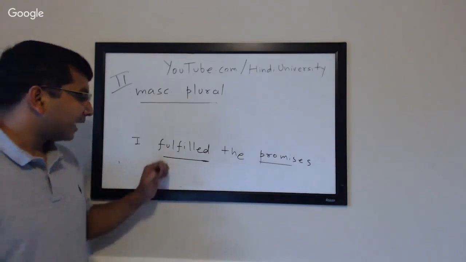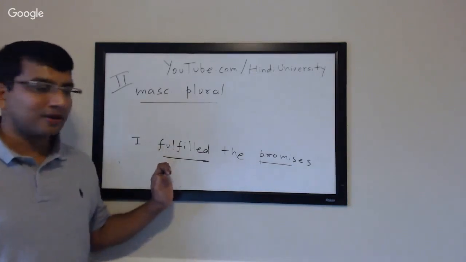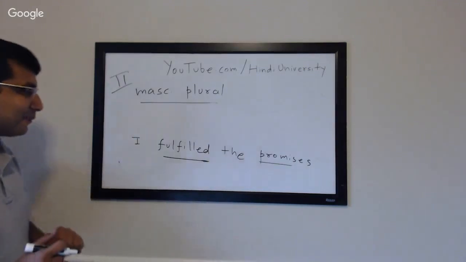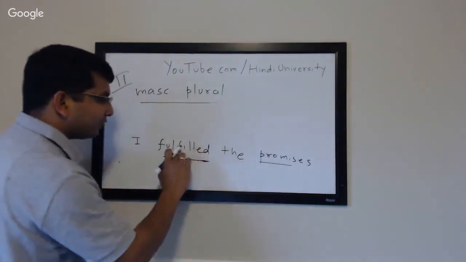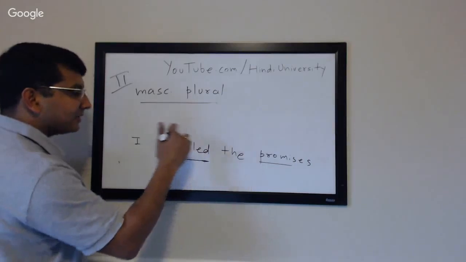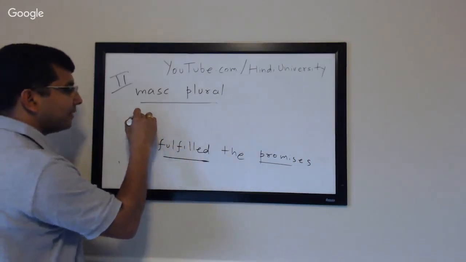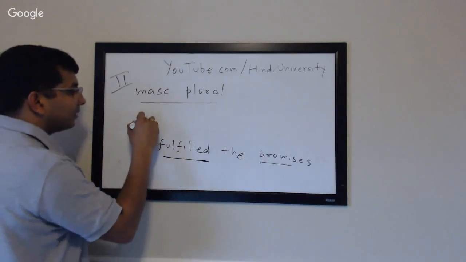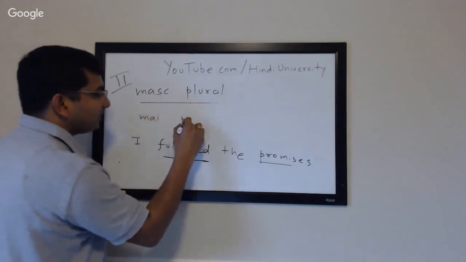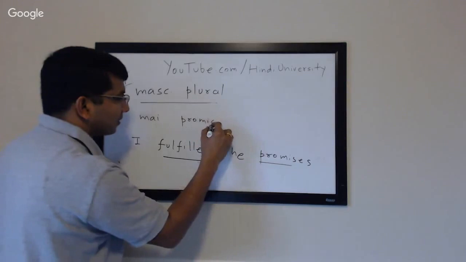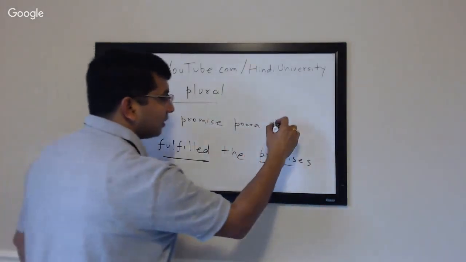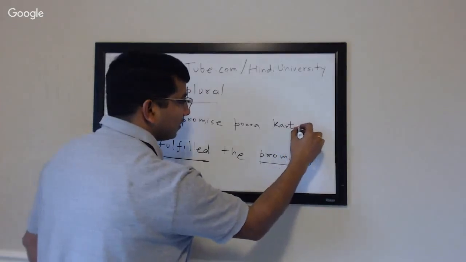As of now, don't worry about how you say fulfill in Hindi. Let's say if you just want to say I fulfill in the present tense, you will say मैं promise पूरा करता हूँ.